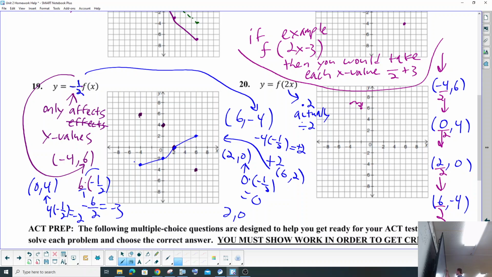But that's just a whole different example. For number 20, you're just going to divide by 2 only. So take each of those x values and divide by 2 only.